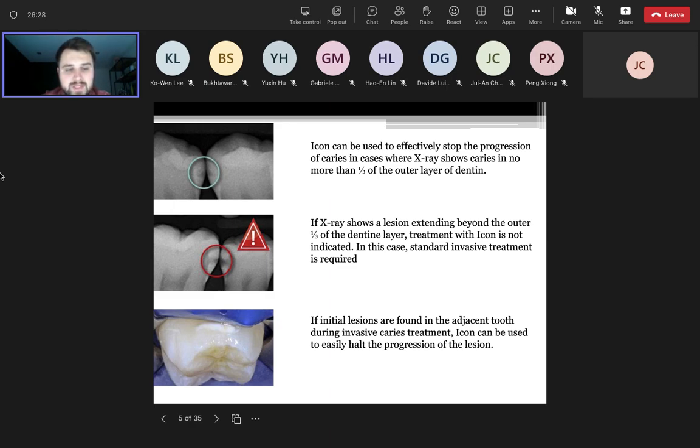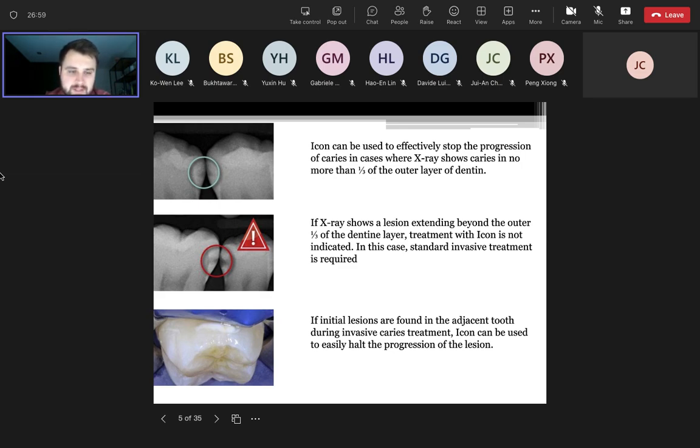So we mechanically prep the OD cavity in the premolar, and then we see that there is a small cavity in the molar. So we've got direct access to the surface of the molar, and we see that the enamel is still untouched, and then it is a great opportunity to use the Icon.